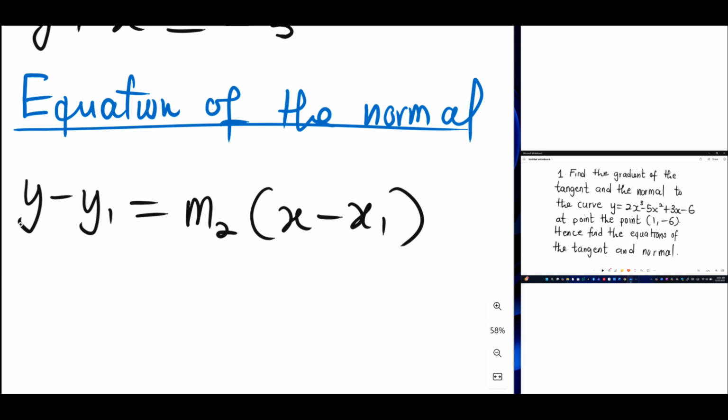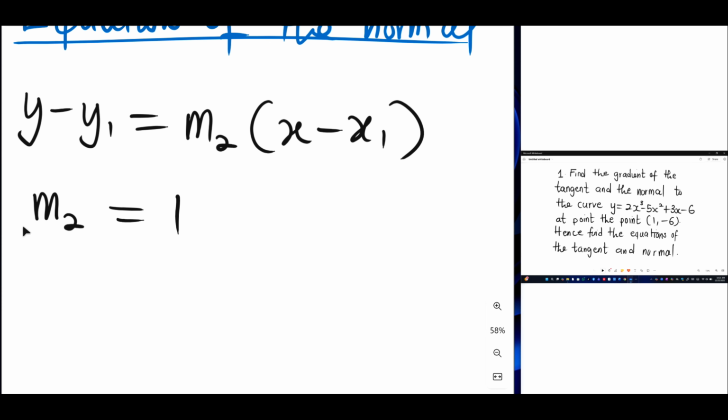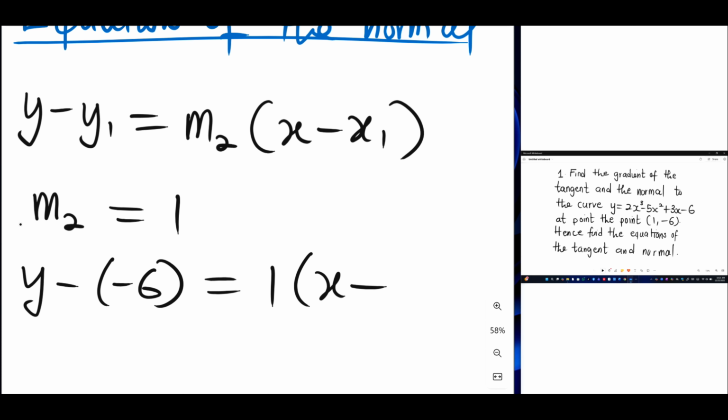For you to find the equation of any given straight line, you just need a point and a gradient. Knowing the gradient of the normal, our m2, to be positive 1, the equation of our normal becomes y minus the y1, which is negative 6 from the point, equal to the gradient of the normal, which is 1, multiplied by x minus x1, which is the x coordinate of the point on the normal, which is 1.